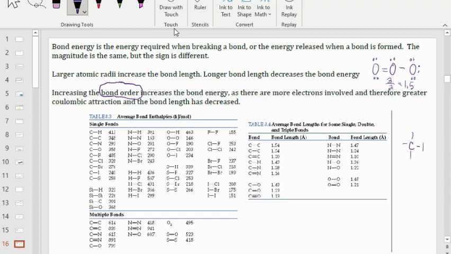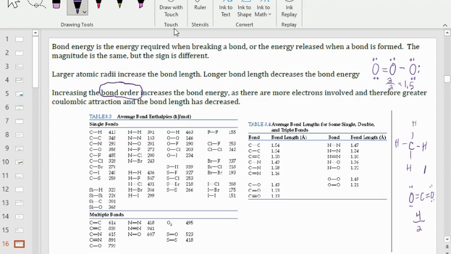If we go back and look at this from a few minutes ago, I have 1, 2, 3, 4 bonds divided by 4 bond sites. So my bond order here would be 1. If I look at carbon dioxide, how many bonds do I have? 4.